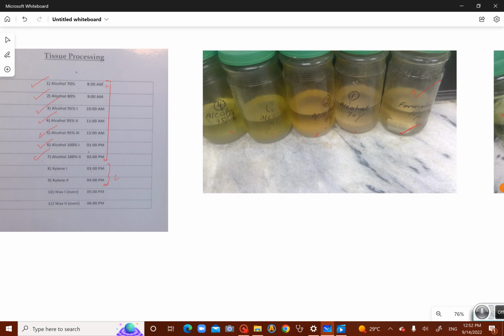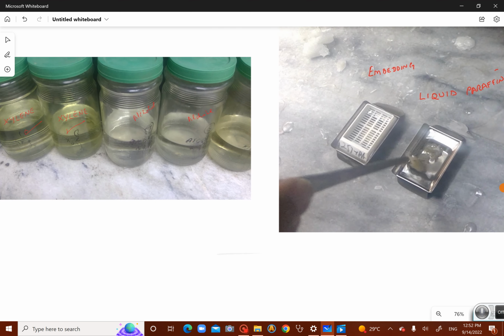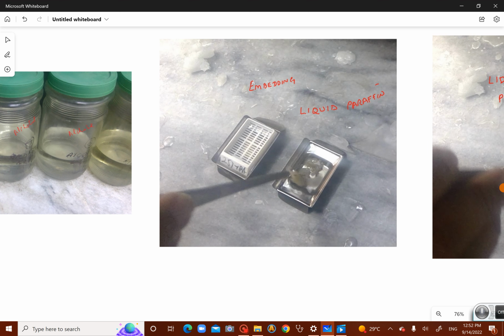So what we do is, once we have the cassettes which have gone through dehydration and clearing and contain xylene, you put hot liquid paraffin in the cassette, so that the liquid paraffin goes into the cells and replaces xylene.